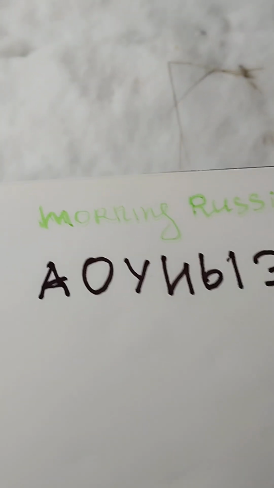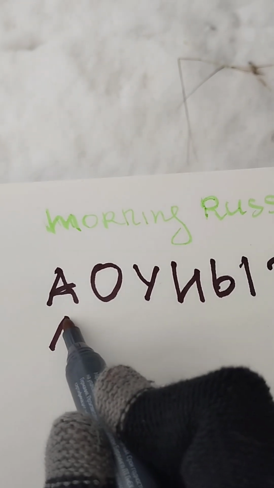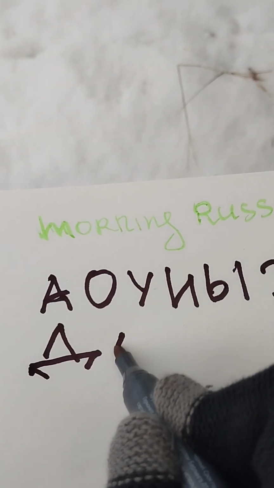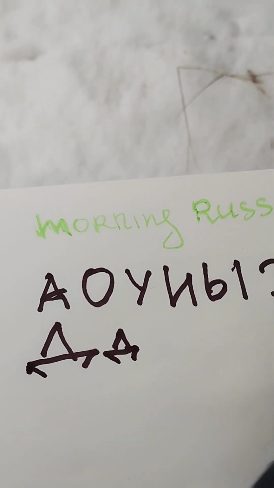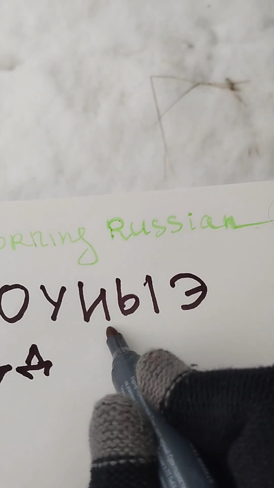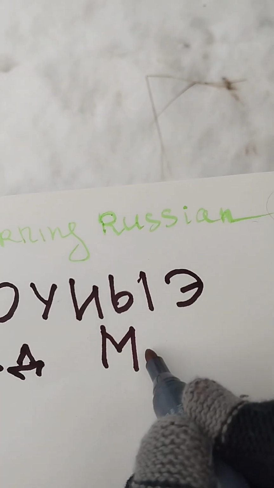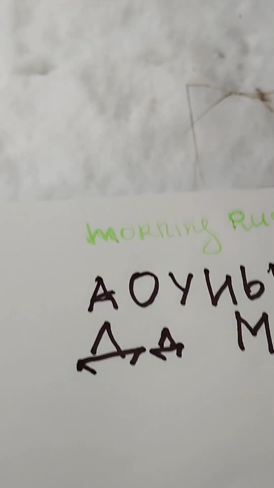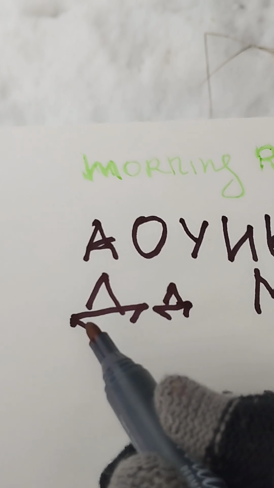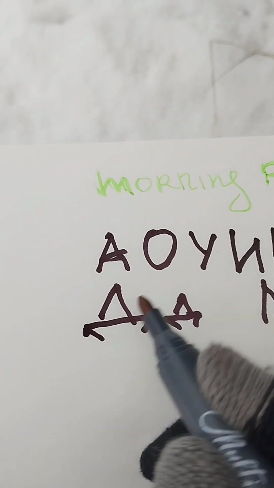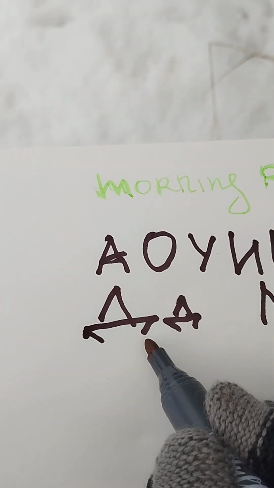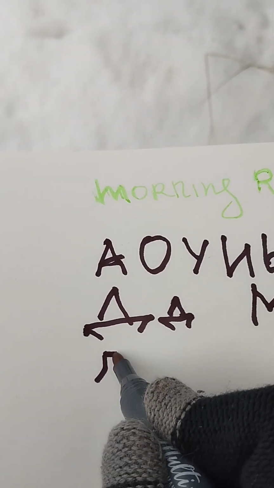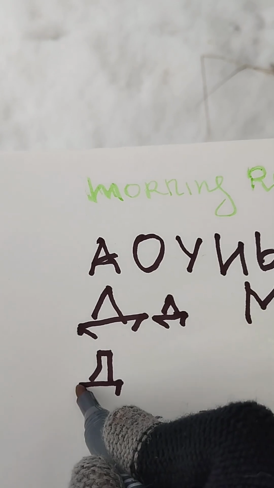consonant sounds: D and M. If you have a Russian keyboard, you probably see a different D. It looks like this.